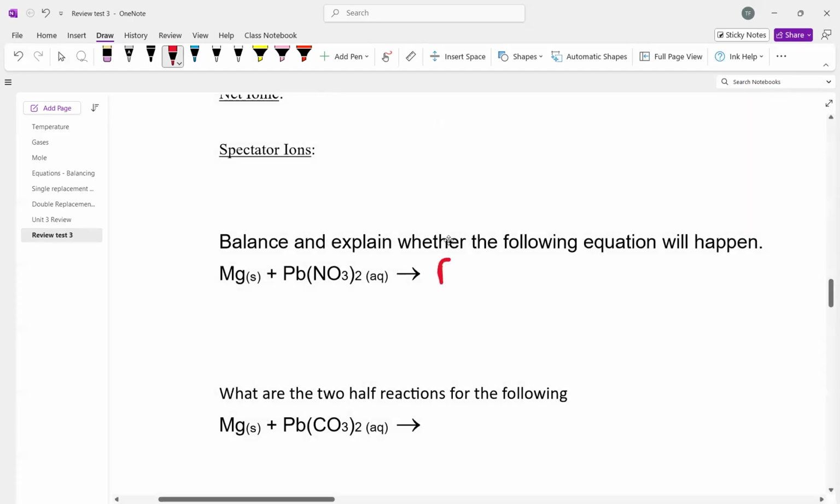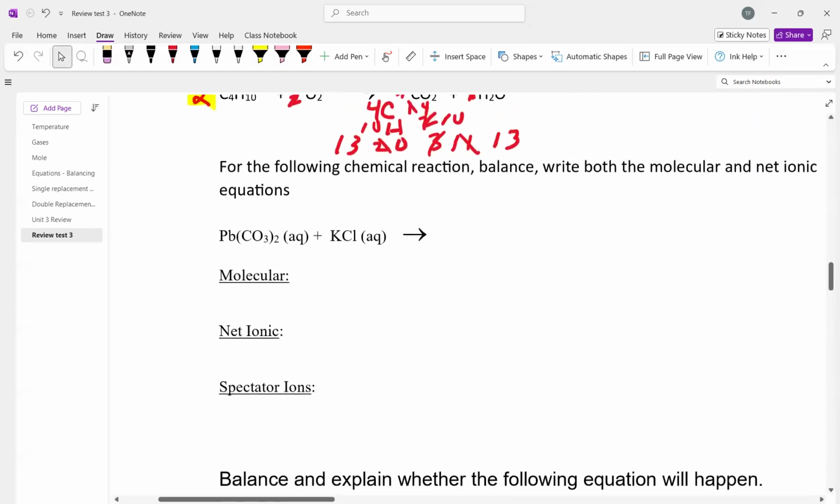Now, what's the charge on the lead? Carbonate from your common ion chart is a -2, and we have 2 of them, so that makes lead 4.